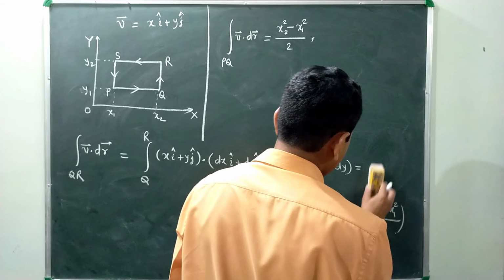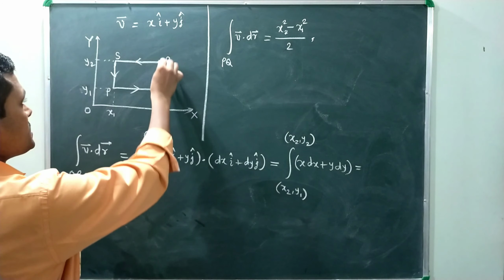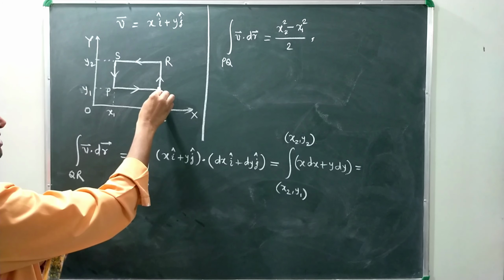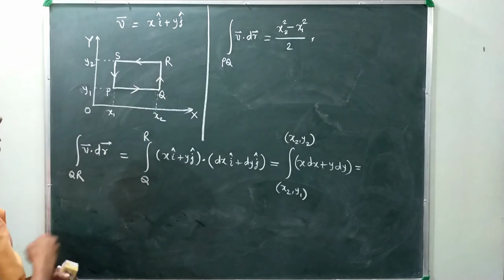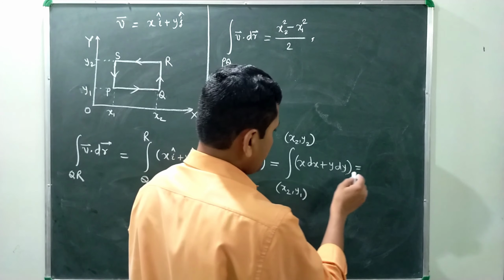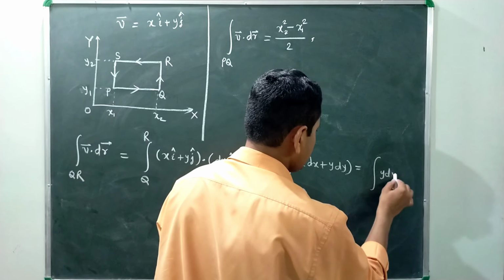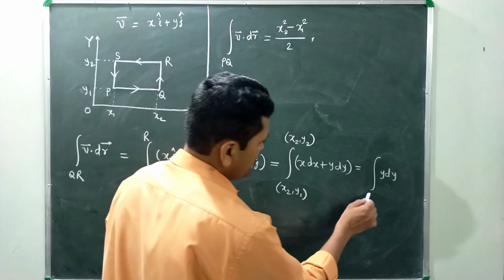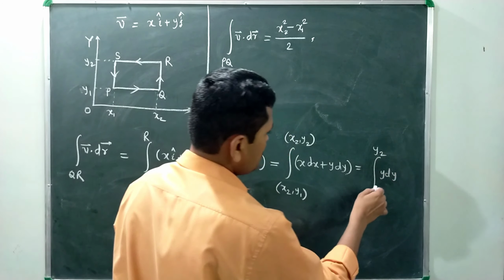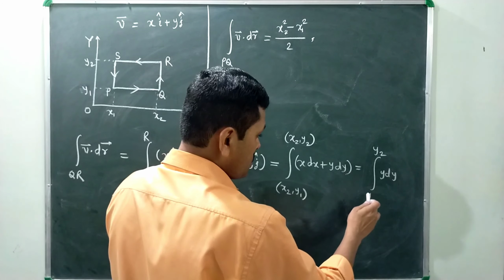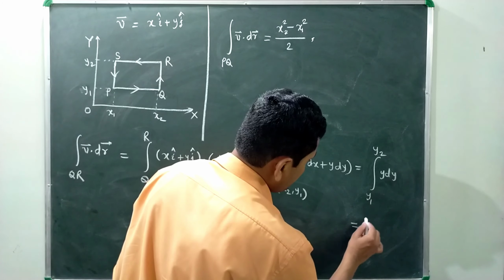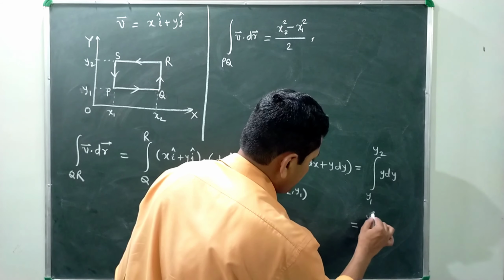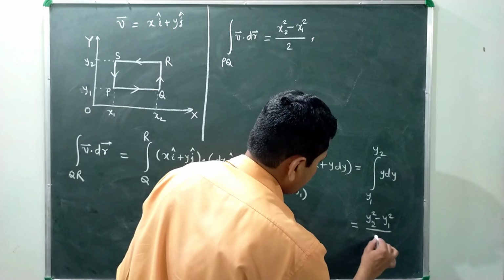And along this line there is no change in the value of x. This means dx will be 0. So this dx will be 0 and we are left with y dy, and here the variation in y is from y1 to y2. So the integral will be integral y dy from y1 to y2, and it will be equal to (y2 square minus y1 square) upon 2.